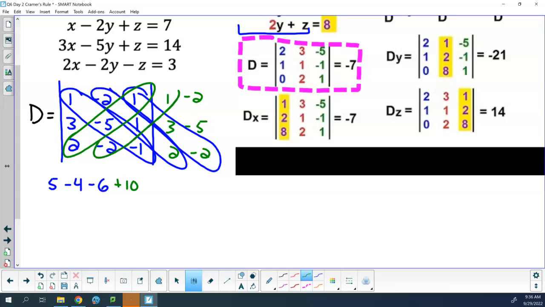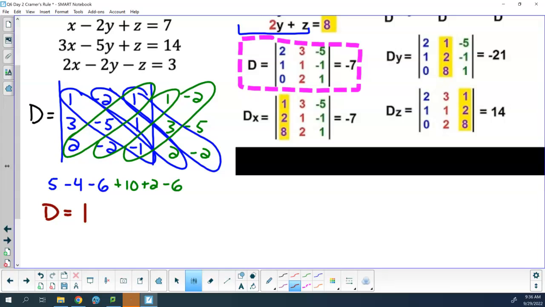That is negative 2. That's right where I screwed up there. Yep. I figured out where I screwed up. So 5 minus 4 is 1, minus 6 is negative 5, plus 10 is positive 5, minus 4 is 1. So I get my D is 1.